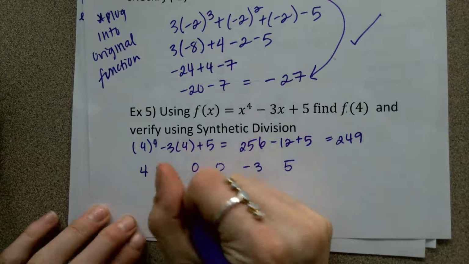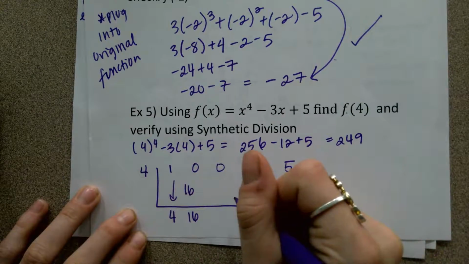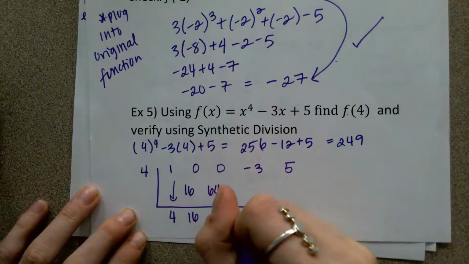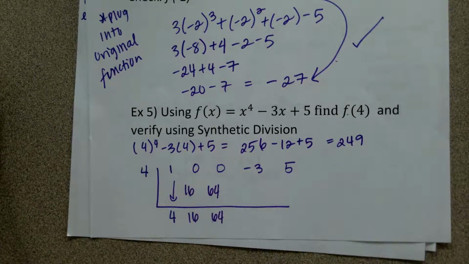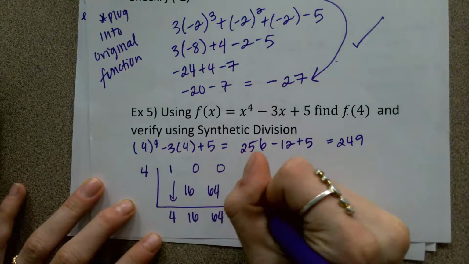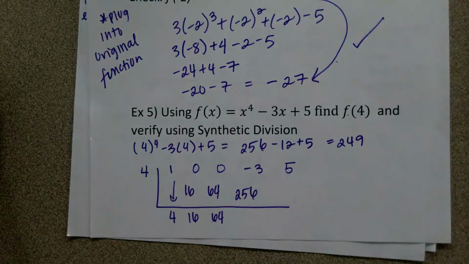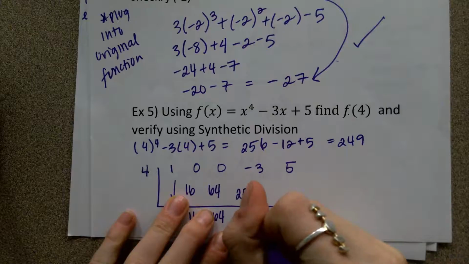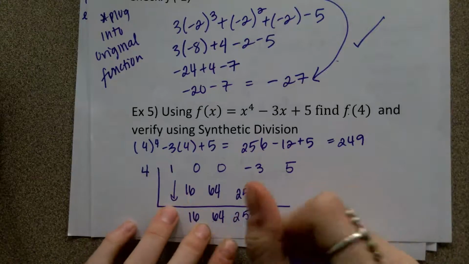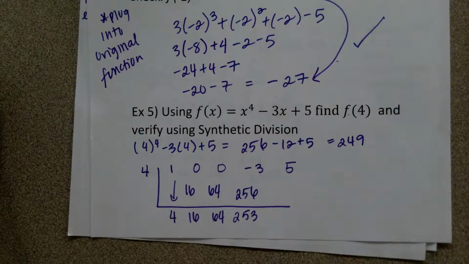First number comes down, multiplying we get 16, 16, 40, 64, 64 times 4 is 256, 256 minus 3. Adding that together, I get 253. This is definitely not correct.